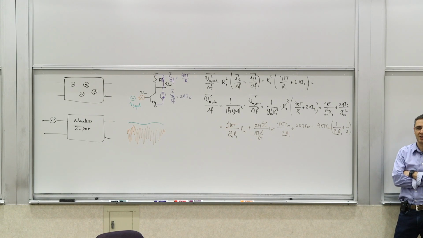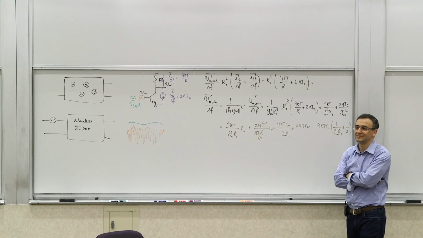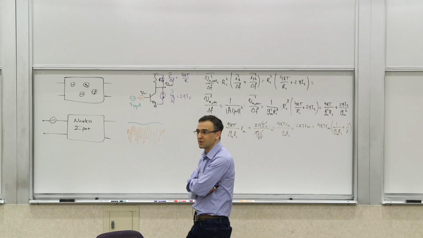Shot noise dominates. If gain is very low, comparable to 2, then both of them matter. Right? And of course, if gain is significantly less than 2, then the thermal noise of the resistor matters.